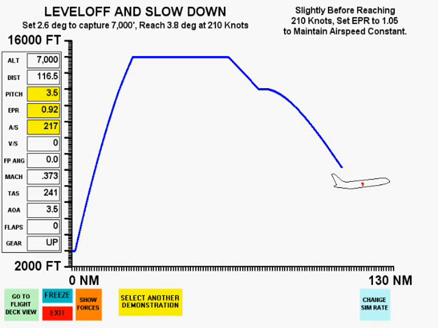And as we approach our target speed of 210 knots, we'll set the EPR to 1.05 in order to maintain the airspeed constant. Since these pitch transition rules are based on the laws of physics, unwanted errors will occur if they are not followed.